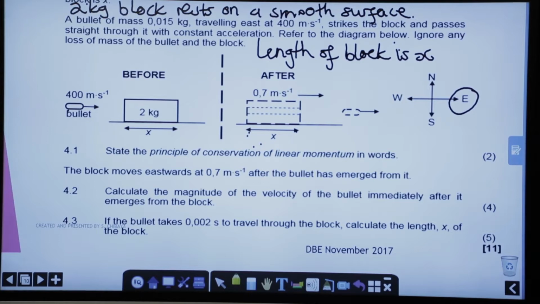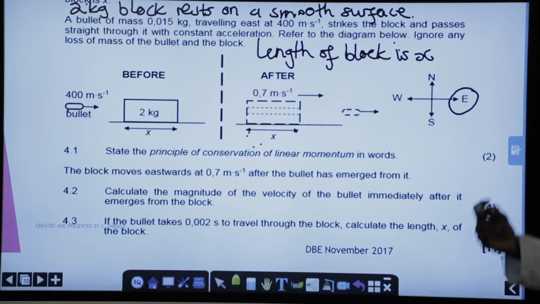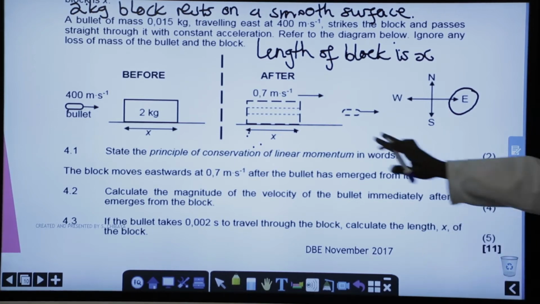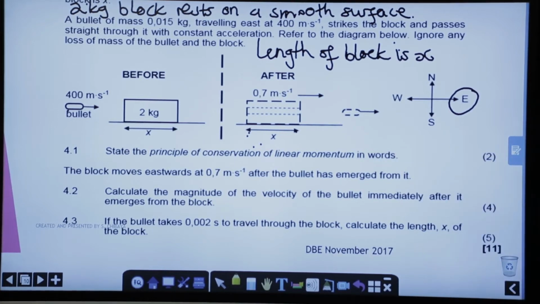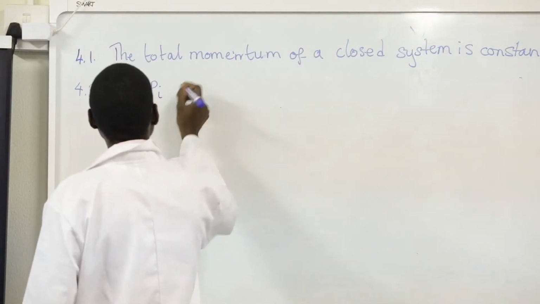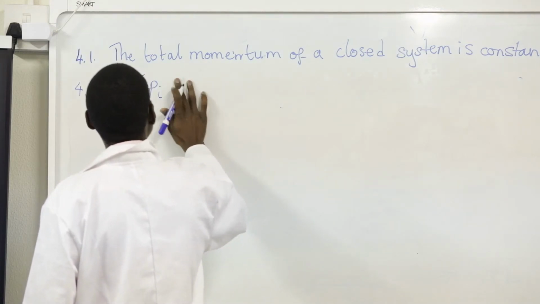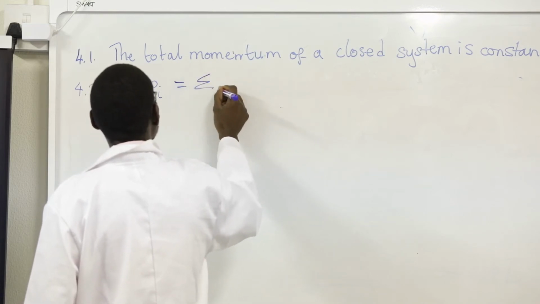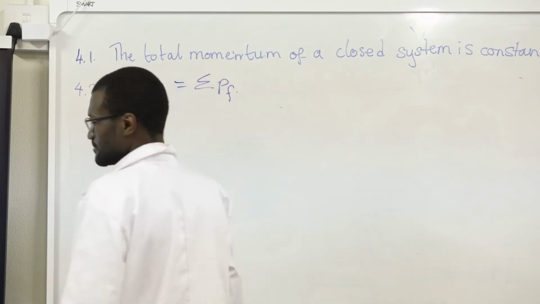Question 4.2 is asking us to calculate the magnitude of the velocity of the bullet immediately after it emerges from the block. What do we know? According to conservation of linear momentum, the sum of initial momentum is equal to the sum of final momentum.